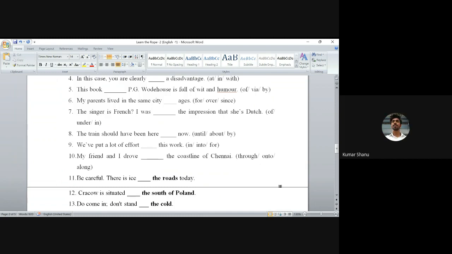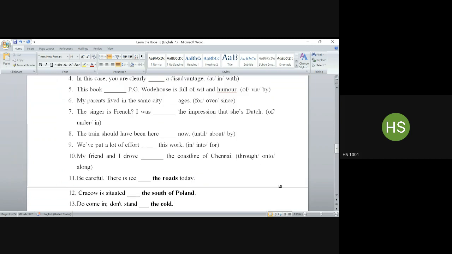Why? Because it depicts action. We put efforts into the work. There is no boundary over here. It's all about work. We have put a lot of effort into this work. We have put a lot of effort in this work.